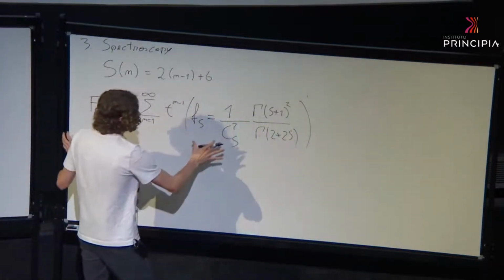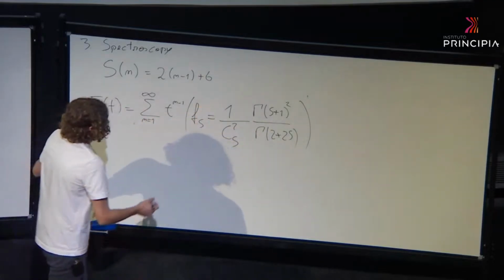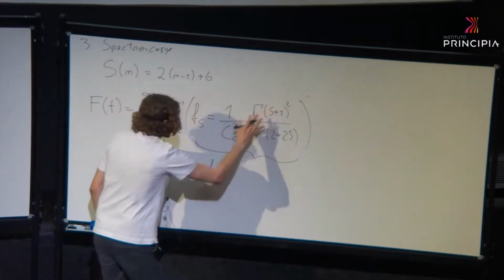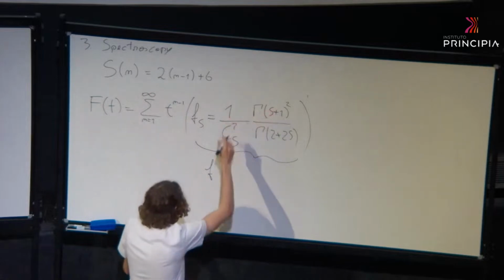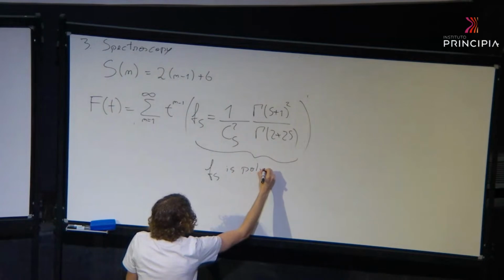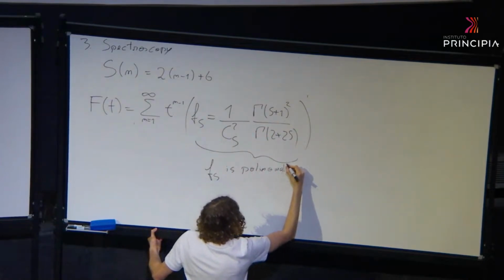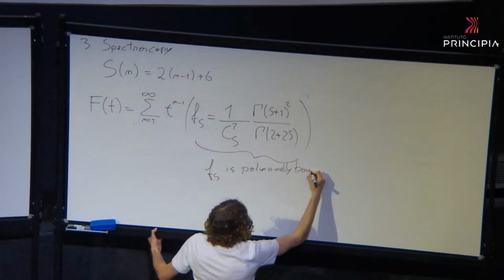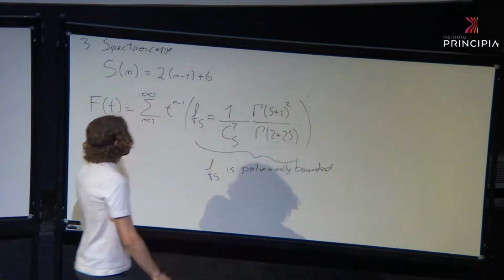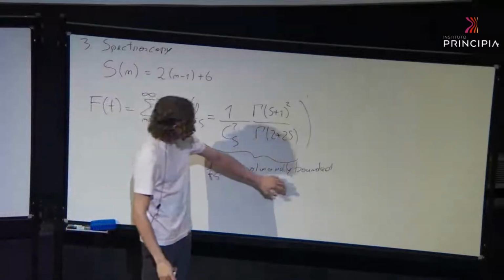So the claim is that if you perform some large spin analysis of this summand from, say, light cone bootstrap, you'll find that f of s, with this factor included, is polynomially bounded because we removed the leading exponentials. Now, what does it mean that f of s is polynomially bounded?